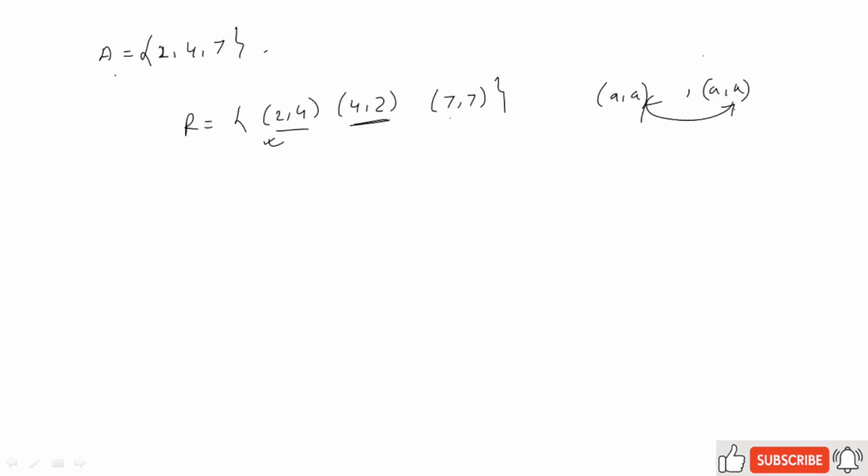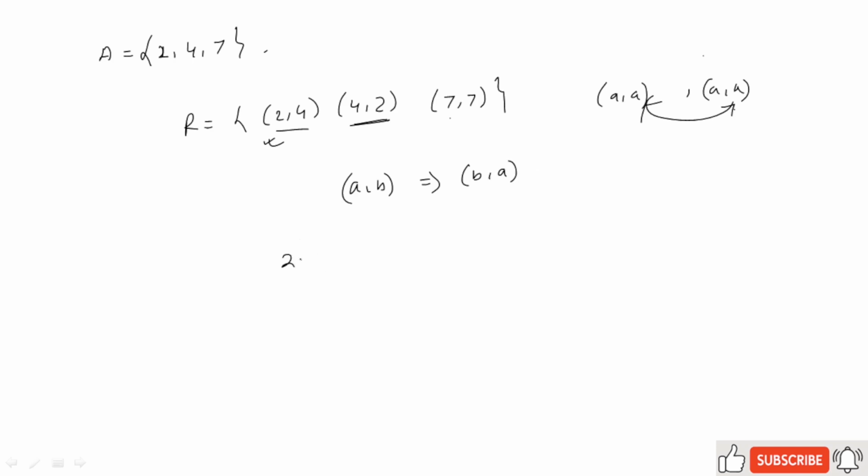Remember that in reflexive relations all elements need to be related to themselves. But here, not all the elements of set A need to form (a, b) implies (b, a).